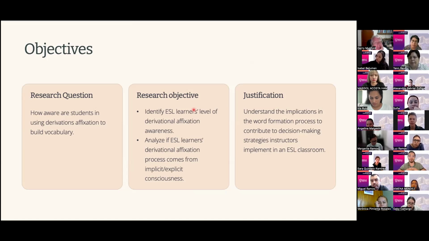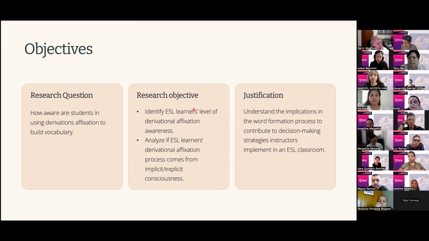Now, once we have the question, we move on to the objective. So with this awareness, I want to identify their level of derivational affixation awareness. And number 2, whether that awareness is implicit or explicit, because sometimes they know the rules, but they don't really know how to use them, or they do.